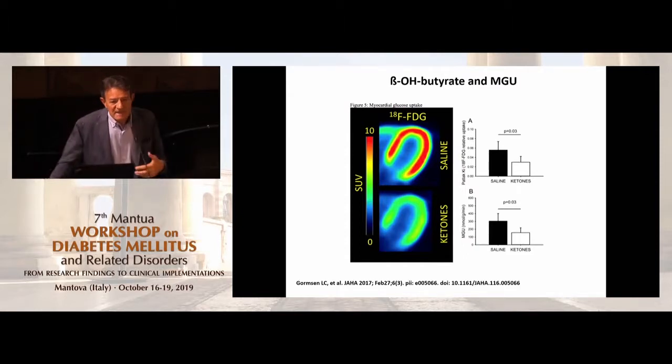Now, does that translate into a clinical benefit in the context of SGLT2 inhibitors? Nobody knows. It's difficult to tell for two reasons. First of all, you would have to do one of these complicated and sophisticated studies.